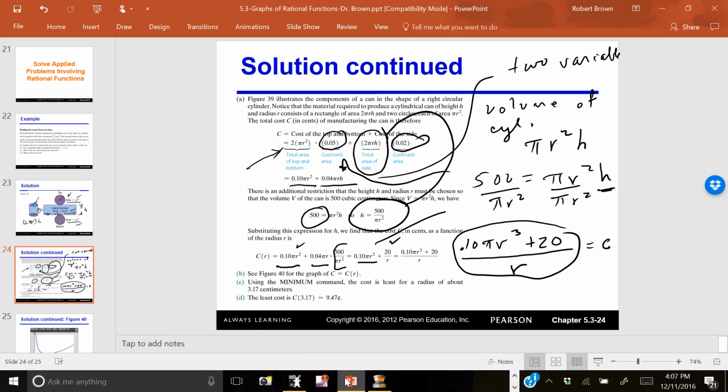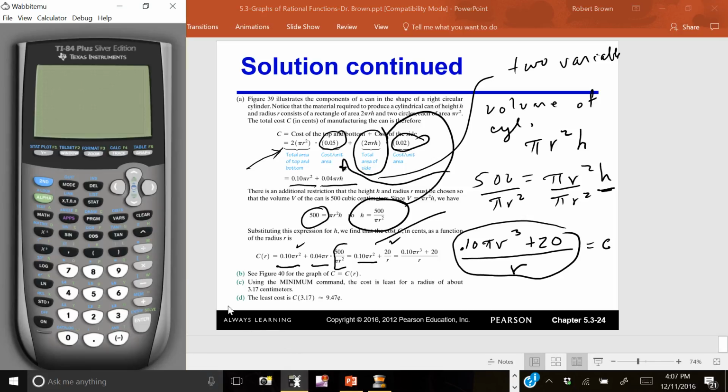So let's look at this particular equation.